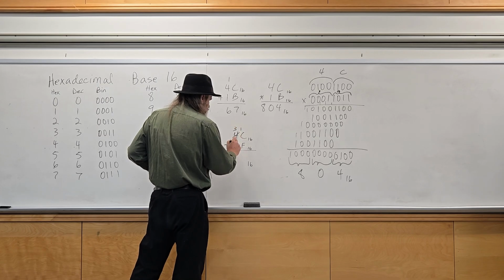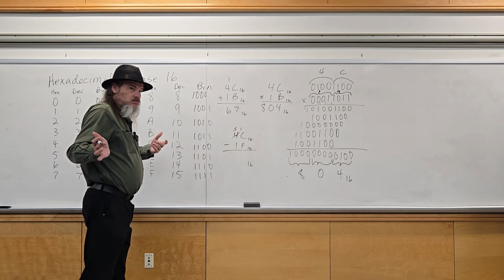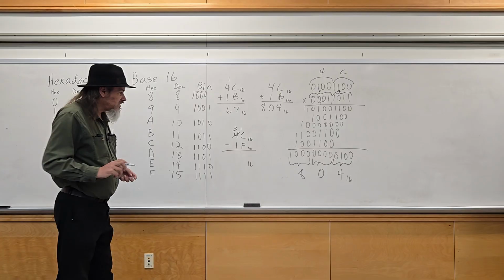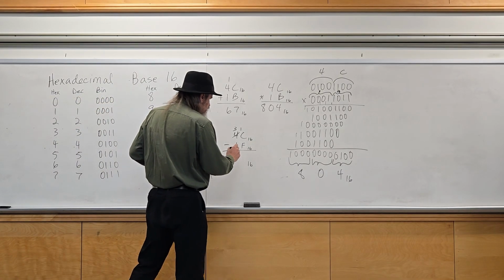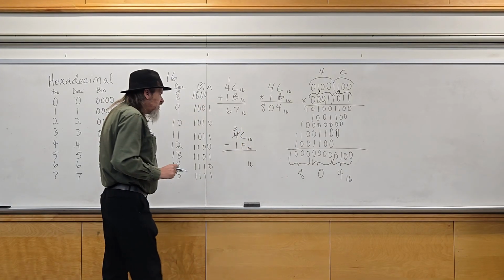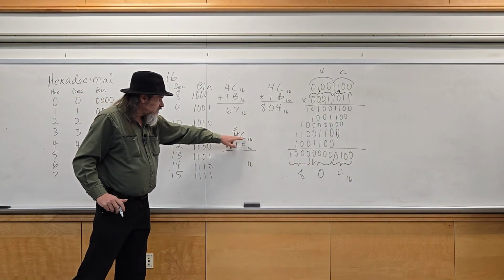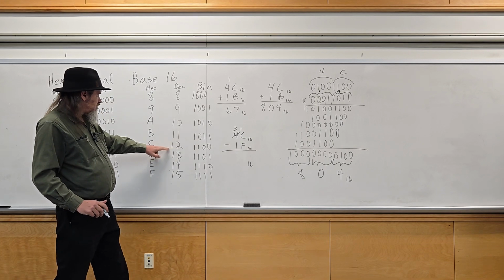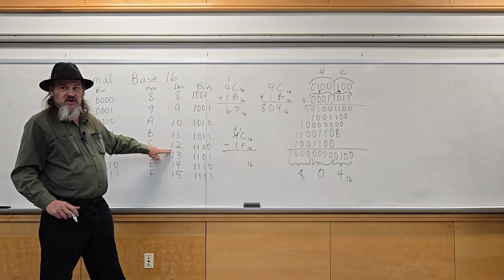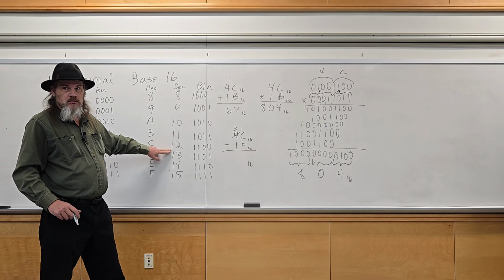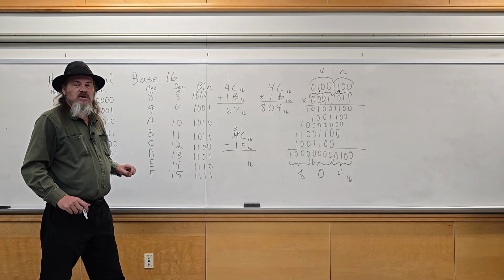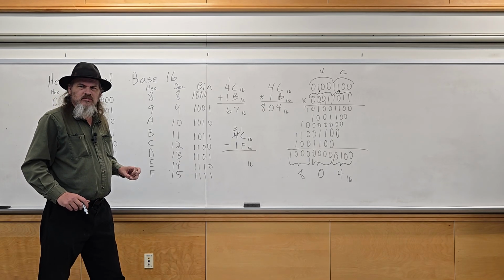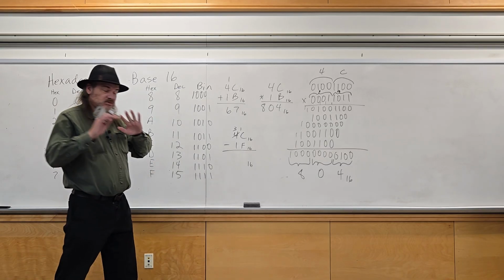F is greater than C, so you have to borrow 1 from this column, just like in regular subtraction that you would do in middle school or in elementary school. So 1C is 16 plus 12, which is 36, right? 16 plus 12? No, 16 plus 12 is 28. 28, sorry.